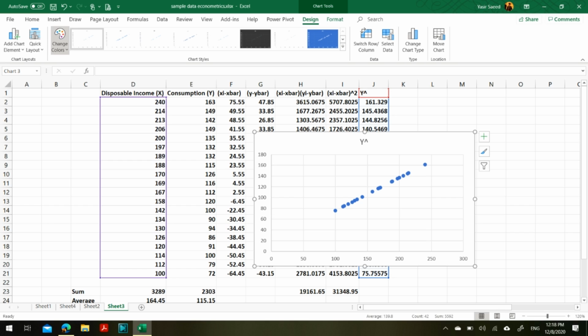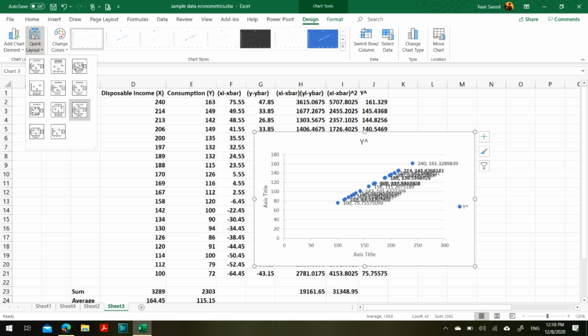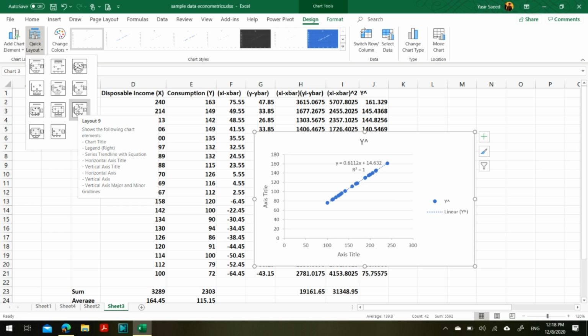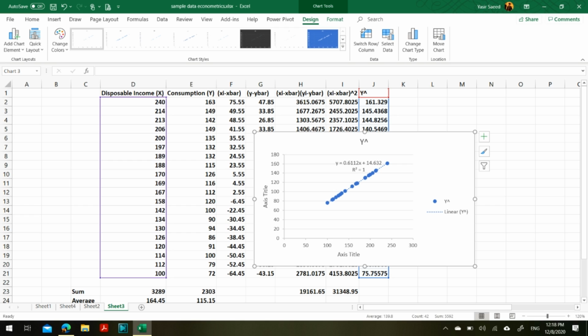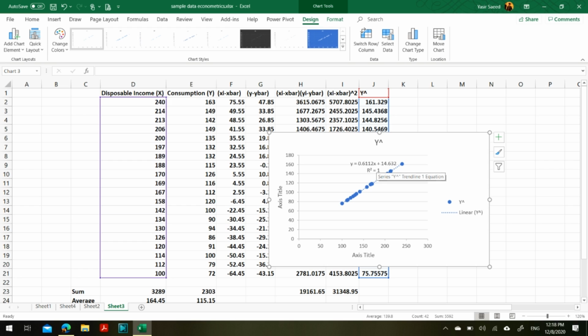and basically I can also change the layout from here. I can use the functional form, so it can give me the equation as well, that is y is equal to 0.611x plus 14.63, where 0.611 is the slope. So this is my regression equation, the line for the regression equation.